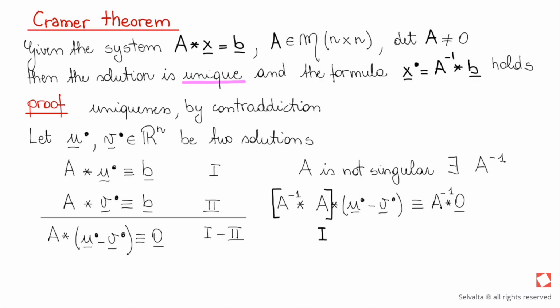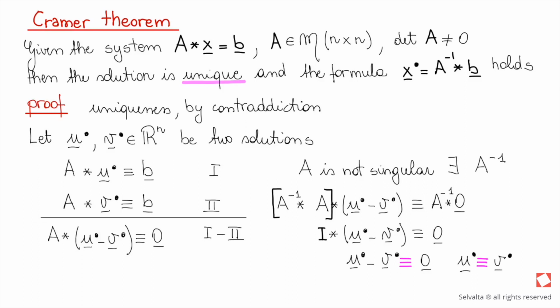At the left-hand side, we get the identity matrix times u dot minus v dot, and at the right-hand side, any matrix multiplied by the zero vector gives the zero vector. And then we conclude u dot minus v dot is the zero vector.